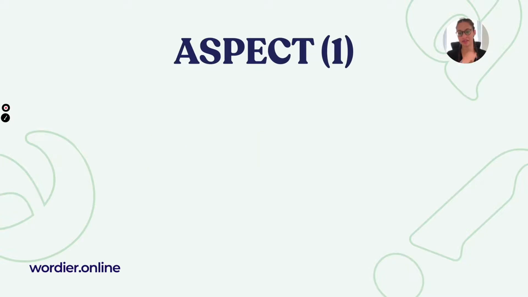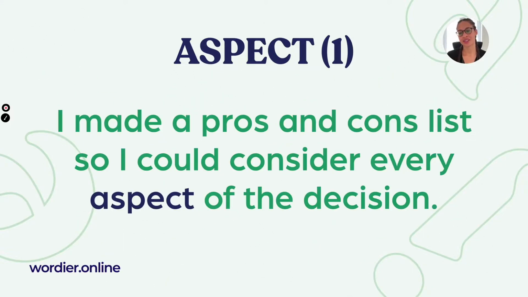Aspect. Got 2 definitions because it is a homonym. First up, I made a pros and cons list so I could consider every aspect of the decision. Think about what words could fit there instead of aspect. I could consider every aspect of the decision, every element, every part perhaps.